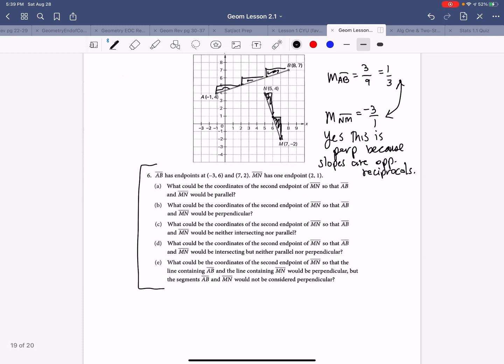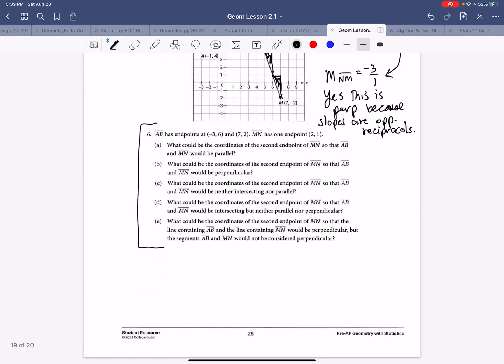Okay, so question number 6. It says AB has endpoints at -3, 6 and 7, 2. So let's go ahead and graph that.